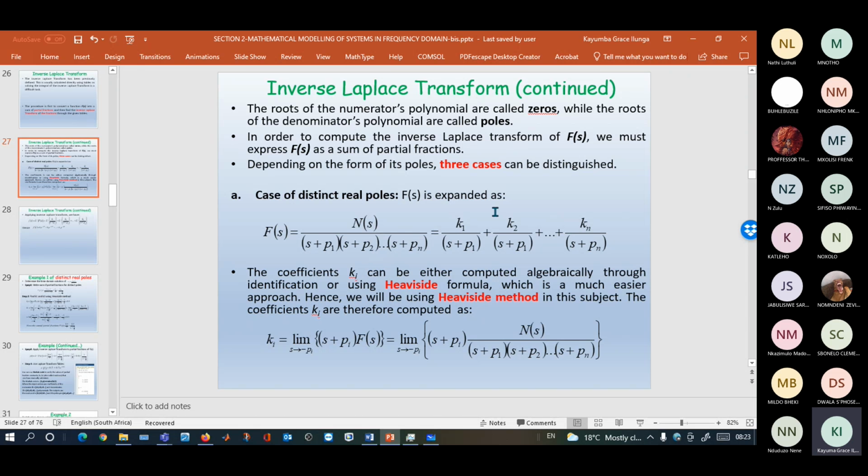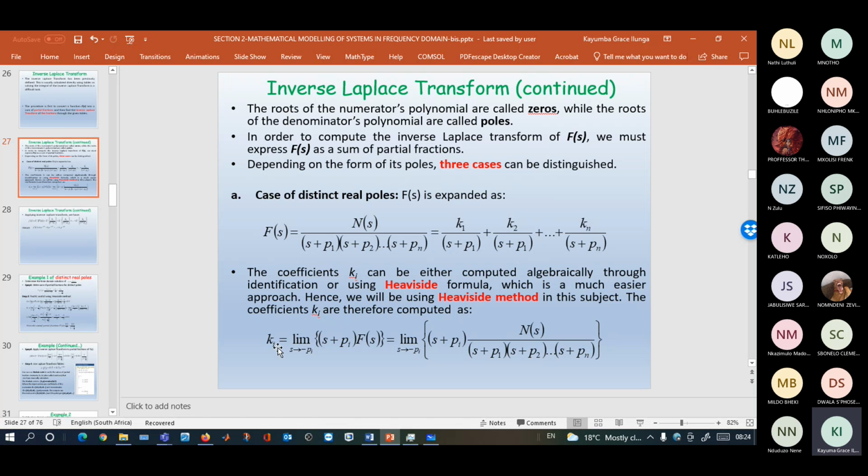So now when we have this, what we will need is to find the value of k. To find the value of k, you can use identification methods, or here in control systems we have decided to use the Heaviside formula. We assume that it's much easier to find the value of k. The formula is this one.